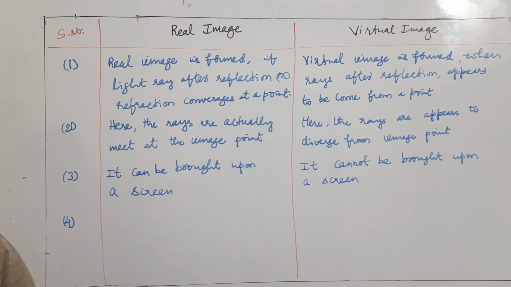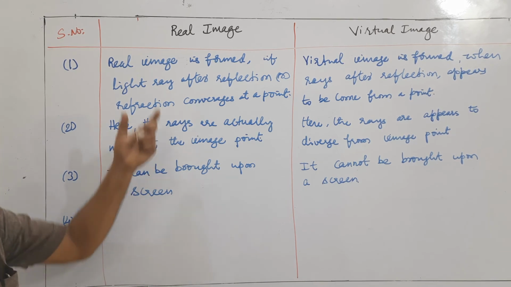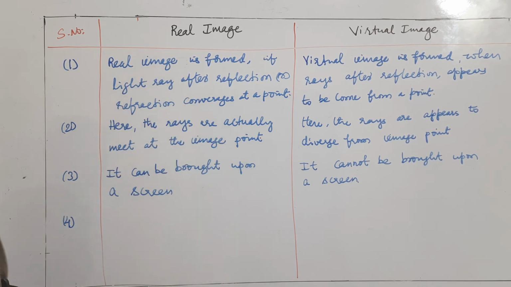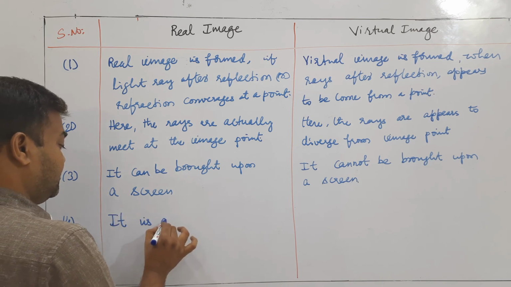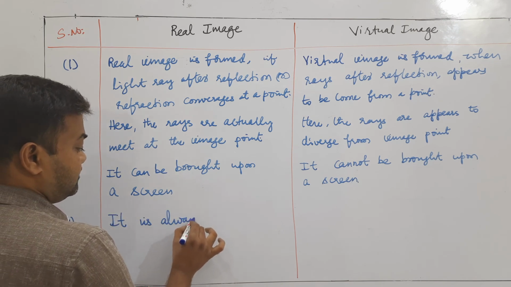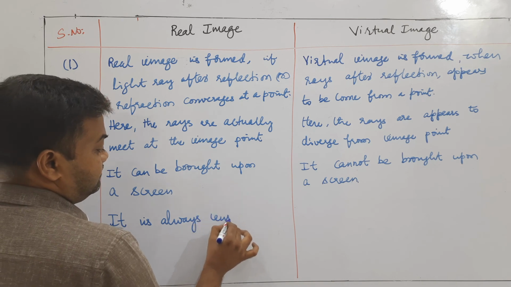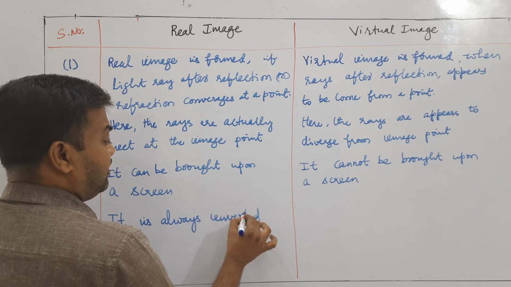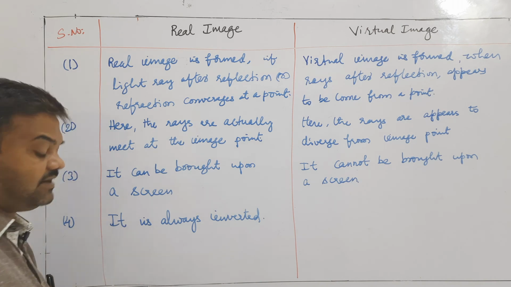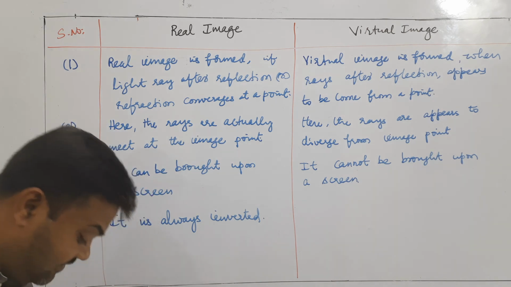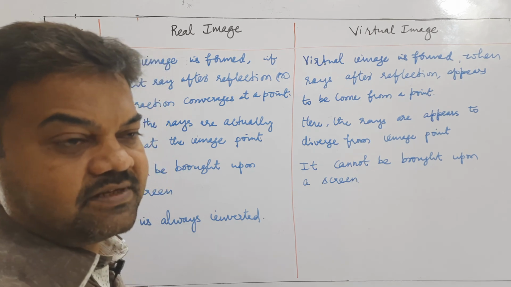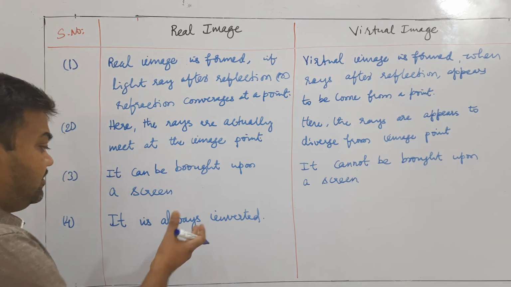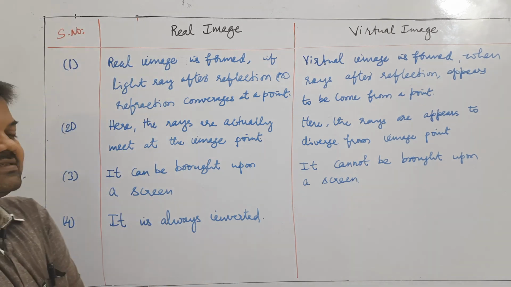In this case the real image is always inverted. Mostly 99.9% of images are inverted. Only in some particular cases we observed erect images.